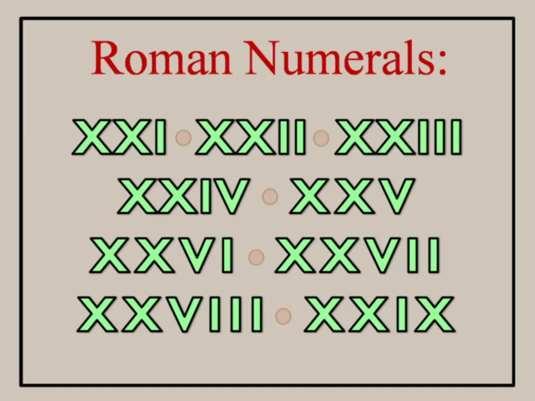Viginti septem is 27. Duodetriginta is 28, or 2 from 30. Undetriginta is 29, or 1 from 30. You see, it works just as in English.